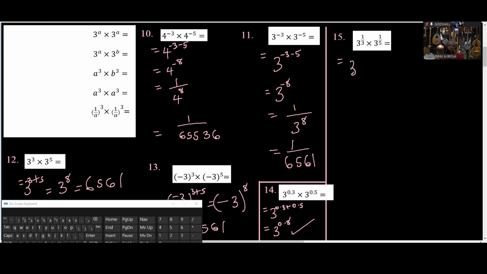So this is 1 over 3, then you add up the power, 1 over 3 plus 1 over 5. The LCM of your power is 15. So that is 3 here, 5, then 5 here, 3. So this is finally 3 raised to power 8 over 15.